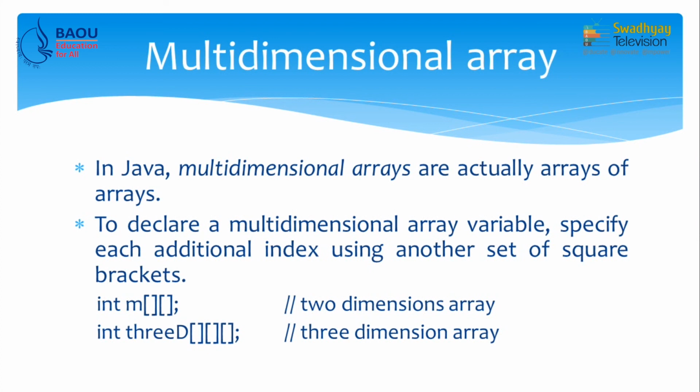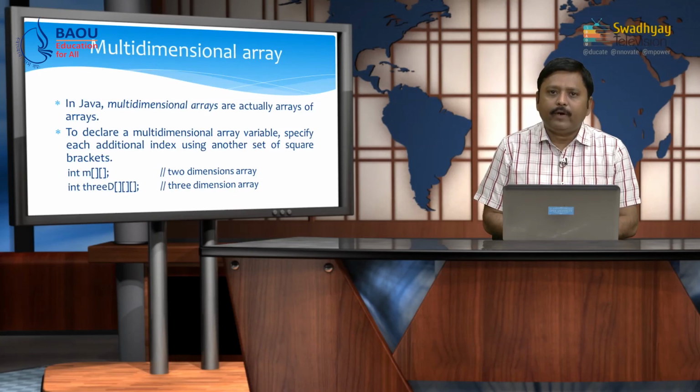Here 2 brackets represent that it is a 2-dimensional array, and suppose we have a group of these two-dimensional arrays, it is called a three-dimensional array, and it can be specified as an integer 3D array with 3 square brackets. So, this is how you can declare a multi-dimensional array.